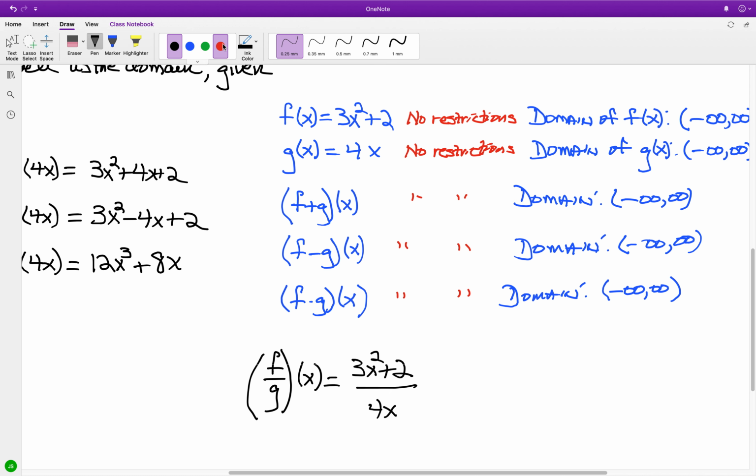This time we're going to have a restriction, and that is since we have a fraction, fractions will not allow zero denominators. So in this case, 4x cannot be equal to 0.